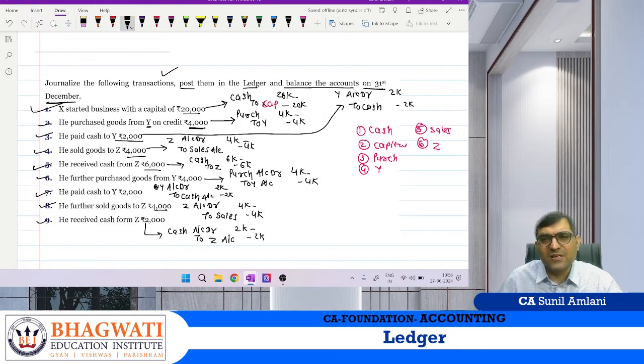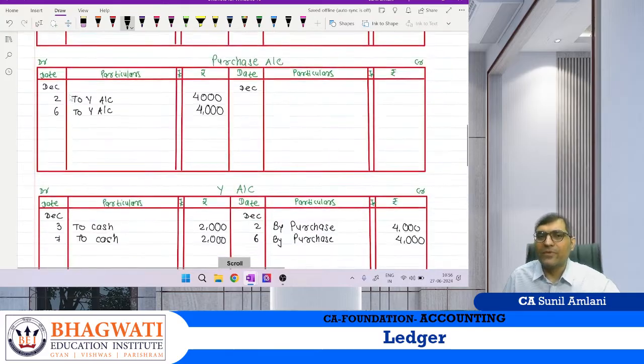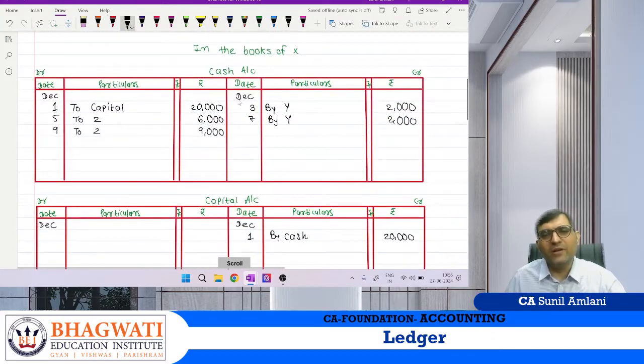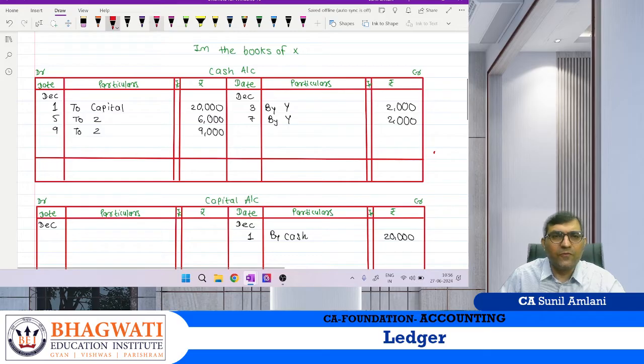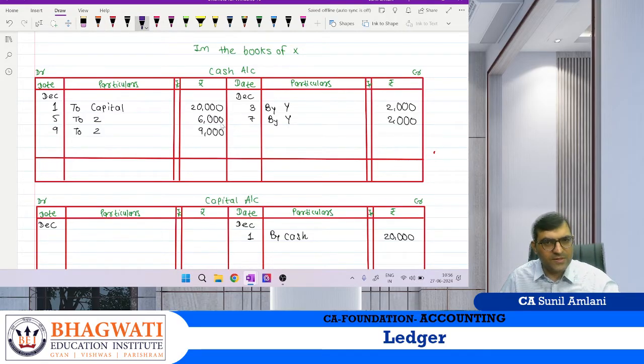We are just supposed to balance the books on 31st of December. So what I'll write here, which side the total is more? So if you check, debit total is more, right? Debit side total is more. So if I just do totaling here, 20 plus 6 plus 9, 35,000 debit total.